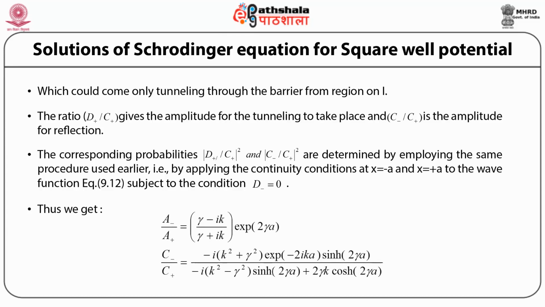Thus we get A minus by A plus equal to gamma minus iota k by gamma plus iota k into exponent of 2 gamma a, and C minus by C plus equal to minus iota into k square plus gamma square into exponent minus 2 iota k into sinh of 2 gamma a, divided by minus iota into k square minus gamma square into sinh of 2 gamma a plus 2 gamma k into cosh of 2 gamma a.